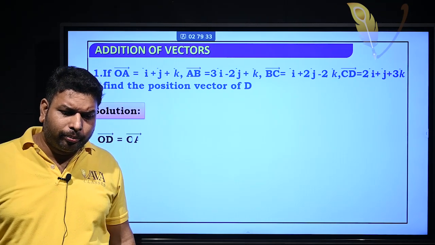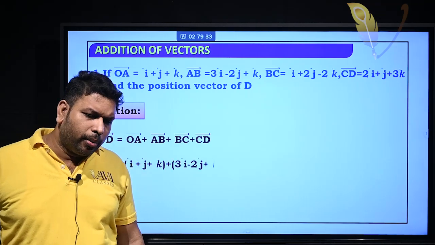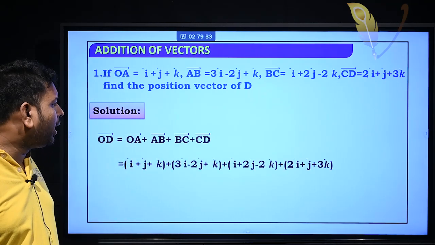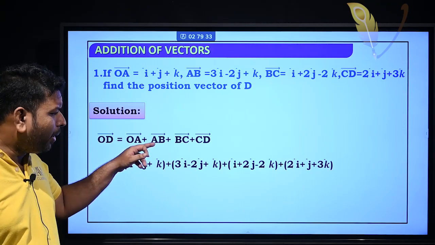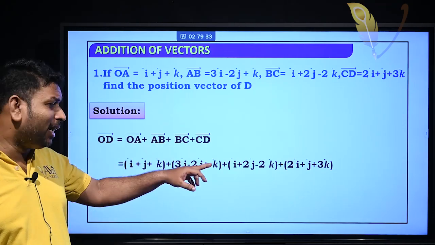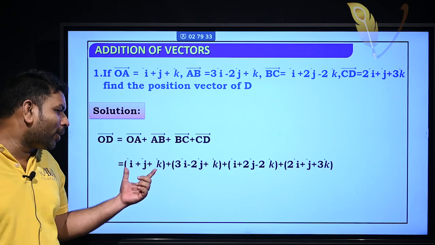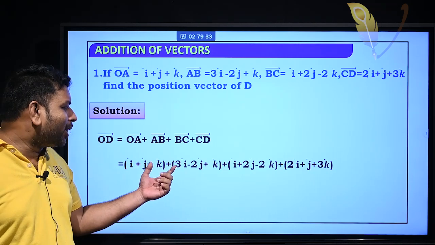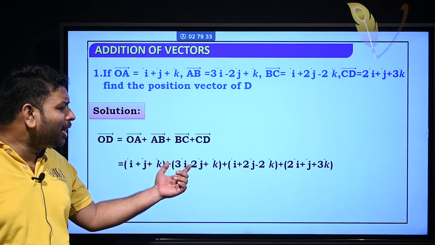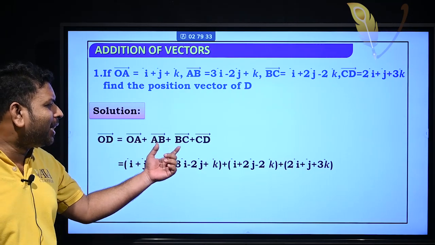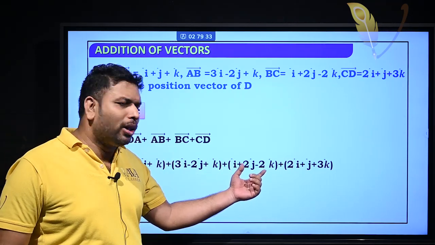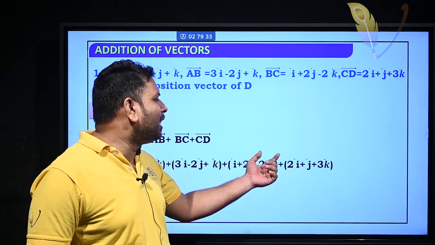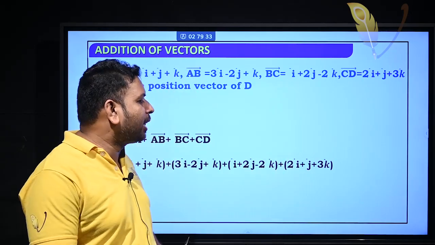So solution, we know that OD equal to OA plus AB plus BC plus CD. So OA is I cap plus J cap plus K cap, plus AB is 3I cap minus 2J cap plus K cap, plus BC is I cap plus 2J cap minus 2K cap, plus CD is 2I cap plus J cap plus 3K cap.